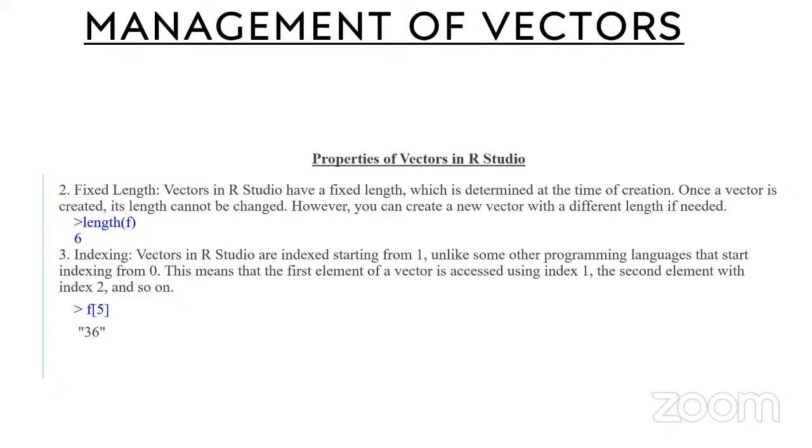So there are 6 elements. Therefore, it is written 6. And it is written F, F is the vector, and 5 is the position. So the 5th position is 36. Therefore, it is written 36. Very simple. Next.